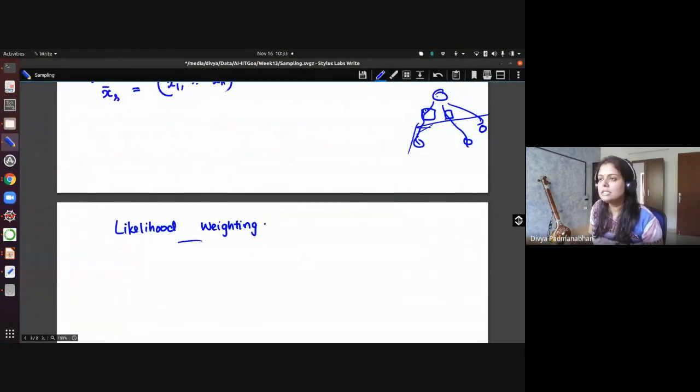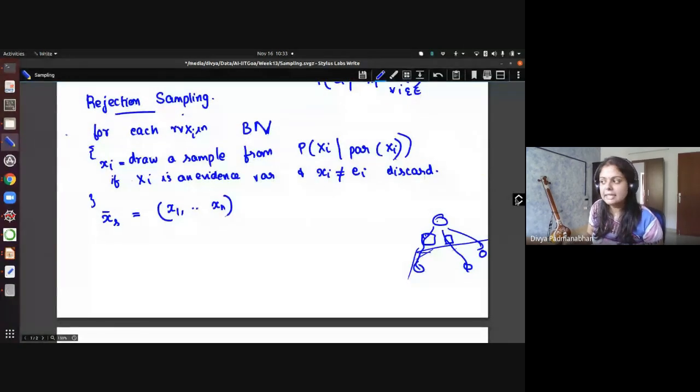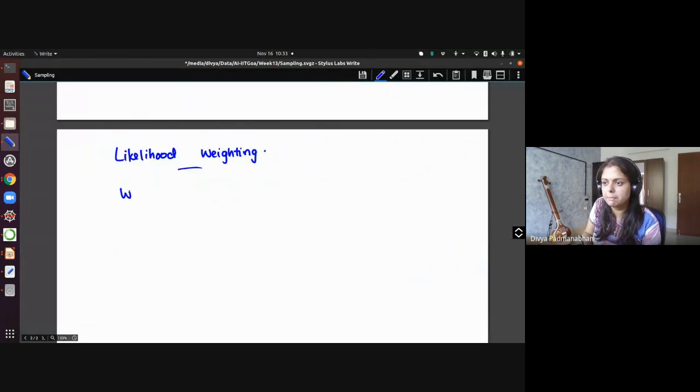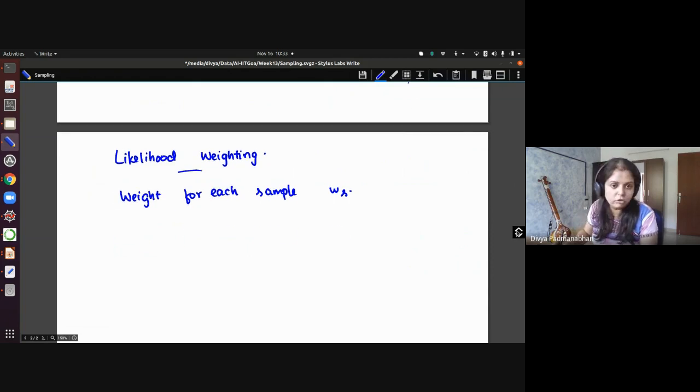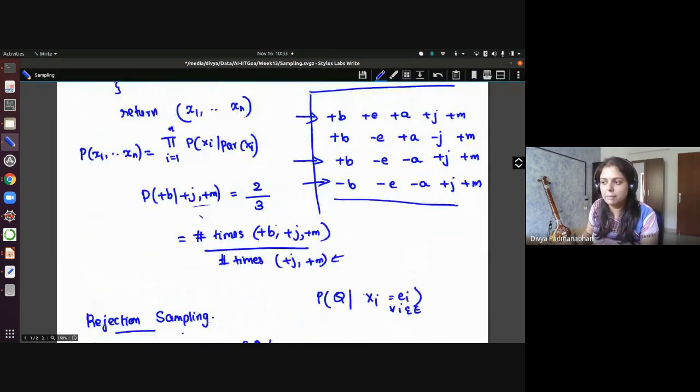So what you do is, in addition, each sample comes with a weight. So there's a weight for each sample. Let me call this ws. This is the weight that you will account for each sample in this computation.